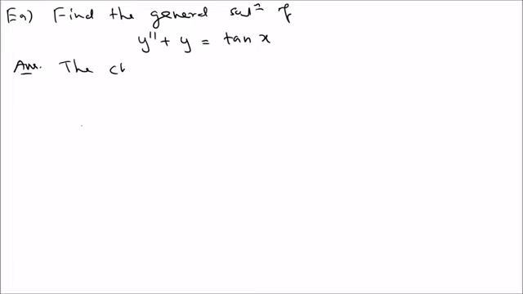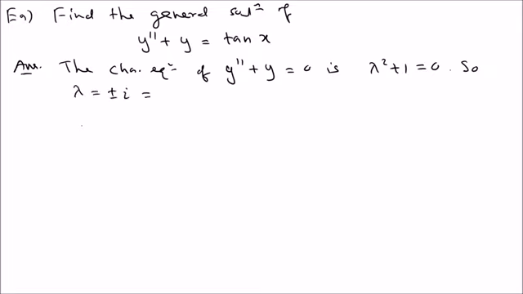The characteristic equation of y'' + y = 0 is lambda squared + 1 = 0. So lambda = ±i, which you can write as 0 ± i. Thus, using the constant coefficient argument, you don't get the exponential term, you only get the sine and cosine terms.